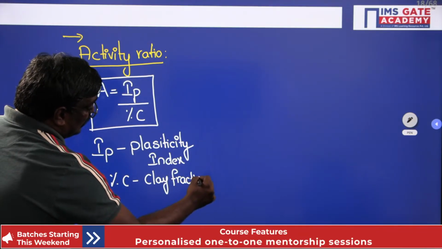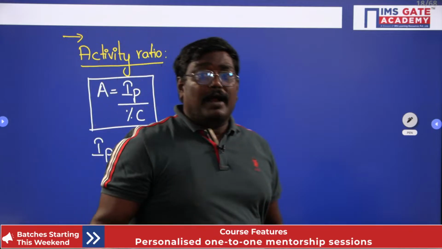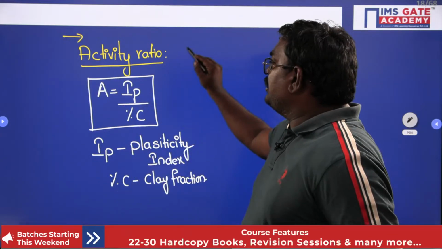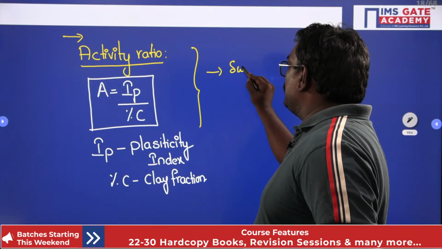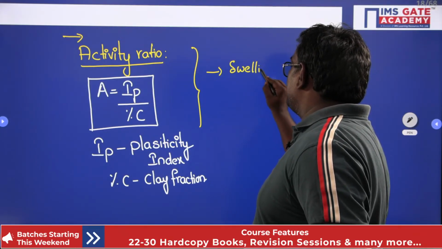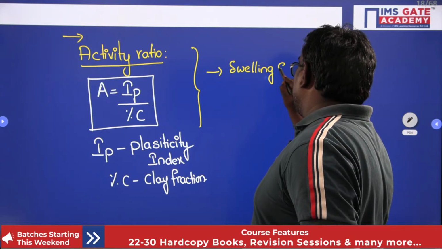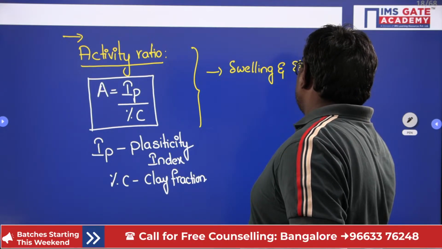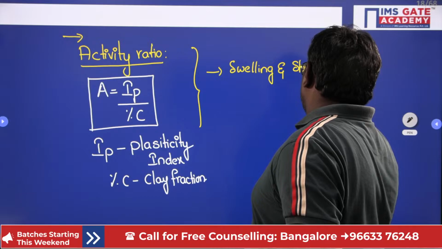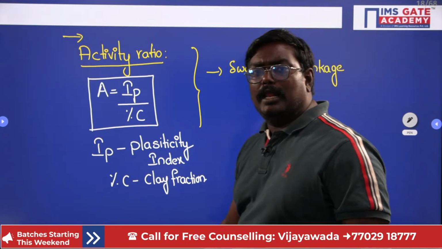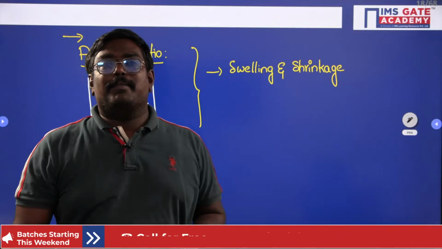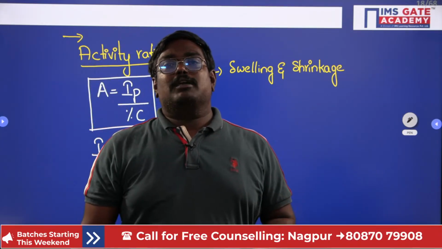Okay. Now see, students, why do you want to study activity ratio? It is for the swelling and shrinkage characteristics of the soil. The swelling and the shrinkage characteristics of a soil are represented by a number called the activity number.